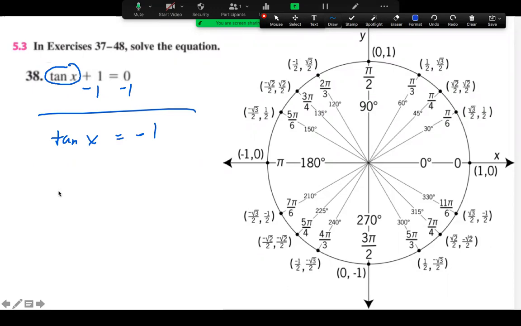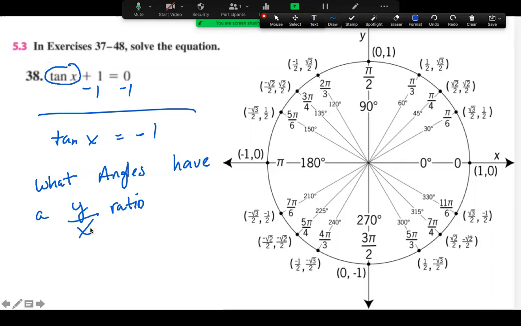So what this is asking us is, what angle or angles have a tangent, which is another way to say that is y over x, a y divided by x ratio. Remember, tangent is sine over cosine.